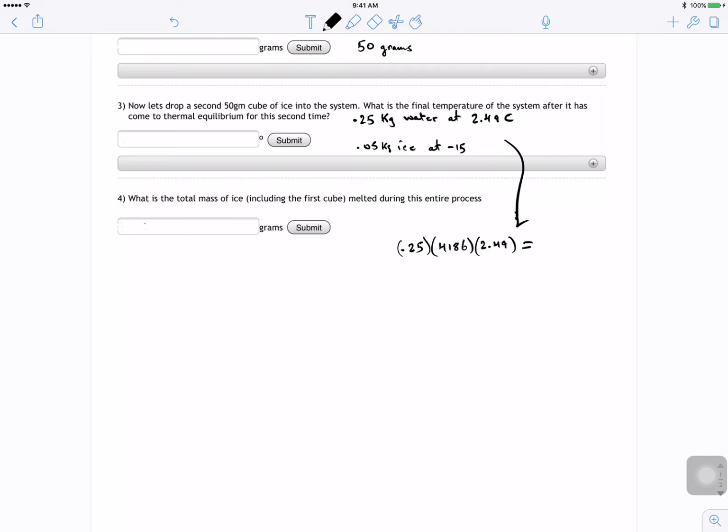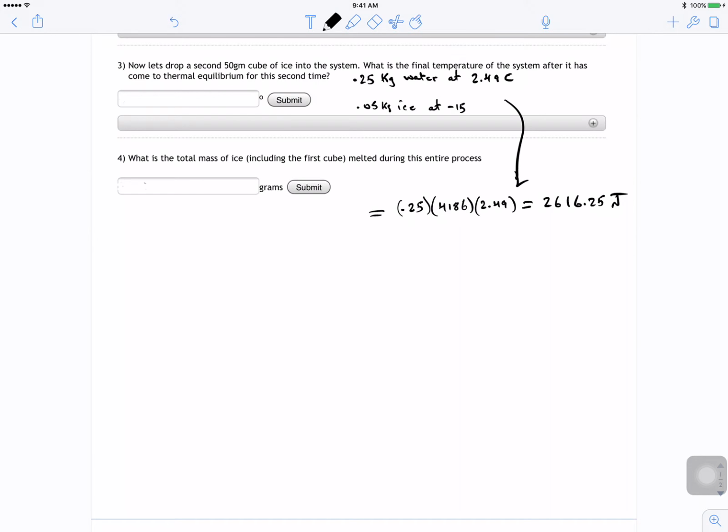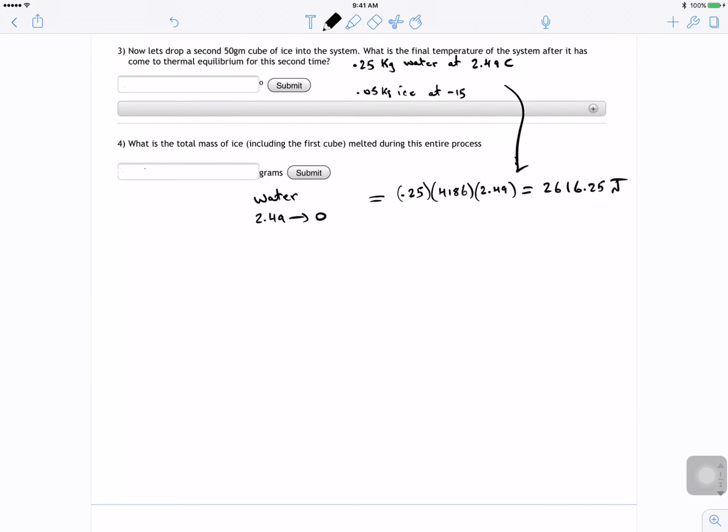So this is equal to 2616.25 joules. That's how much water from 2.49 to 0. Okay.